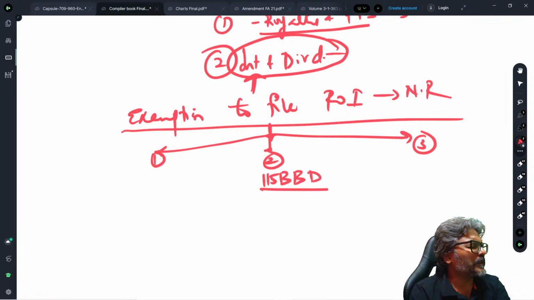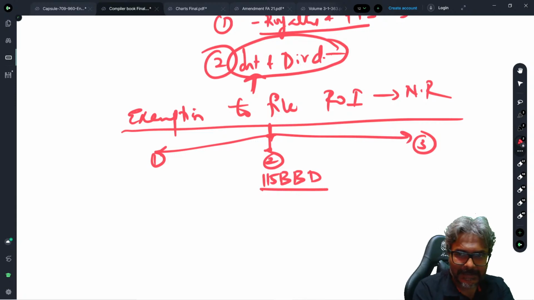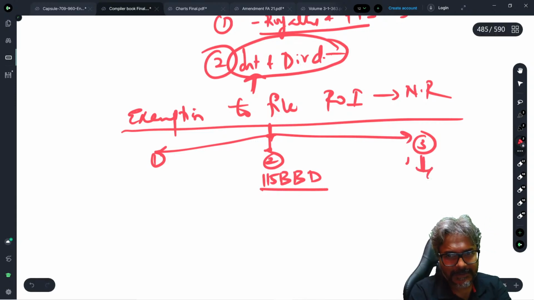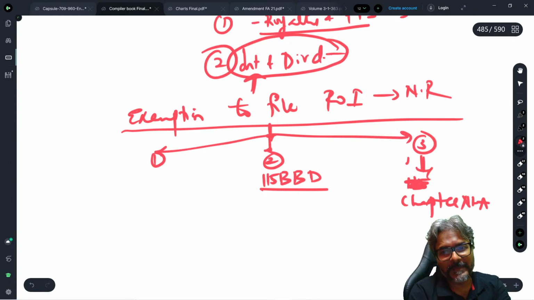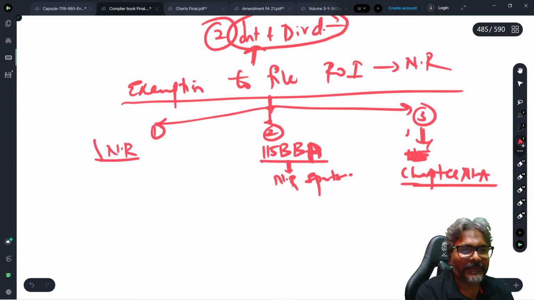Sorry, what was the section number for the non-resident sports person? Chapter 12A, 115BBA, NR sports person.